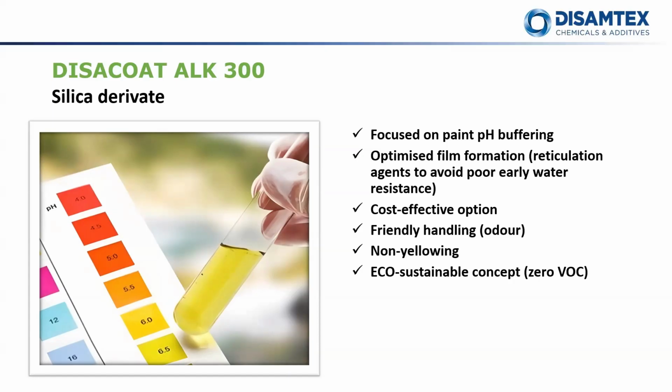So it's also non-yellowing, ensuring better long-term appearance of the paint film. And because it's zero VOC, it's safer for both users and the environment. And finally, it's a more cost-effective and sustainable option, ideal when eco-safety and stability are priorities.